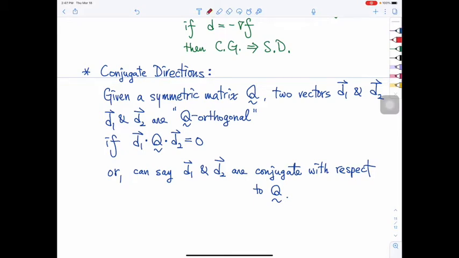So what does Q orthogonal mean? The mathematical way to describe it is basically here: D1 dot Q dot D2 equals to 0. Or, in an easier way to describe it, D1 and D2 are conjugate with respect to Q.